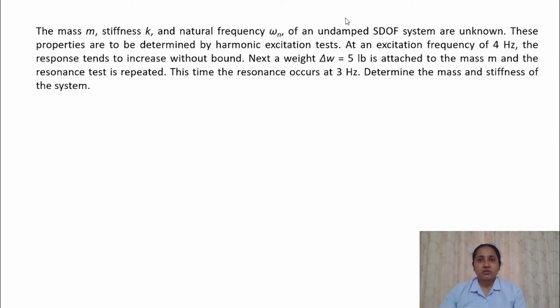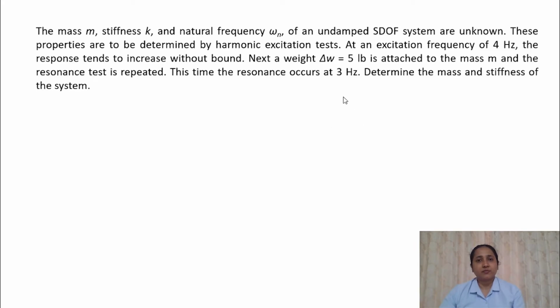So, we have an undamped single degree of freedom system and its mass and frequency are to be found out using harmonic excitation test. So how is it done? You excite the structure with multiple excitations with different frequencies and find when the resonance happens. So it is given when the resonance is happening.